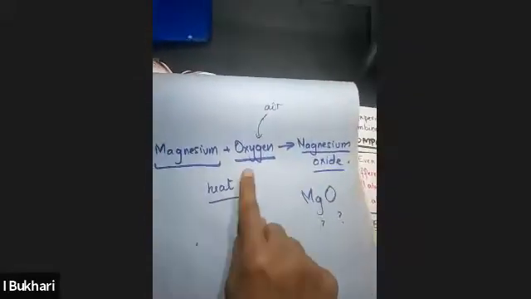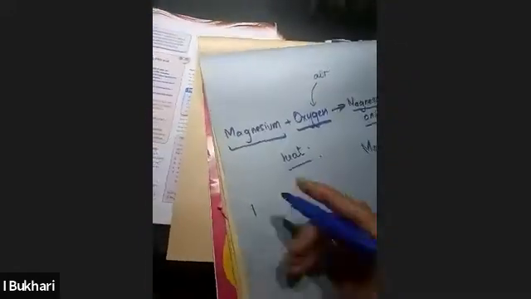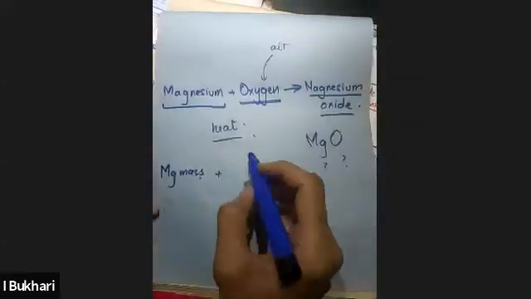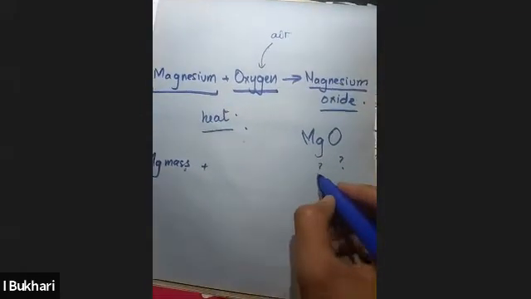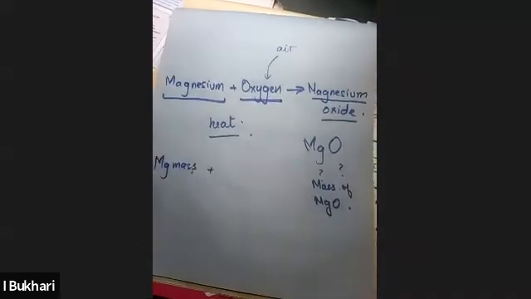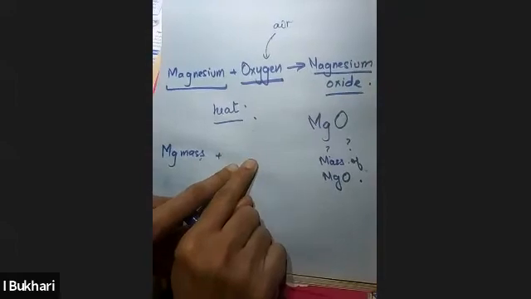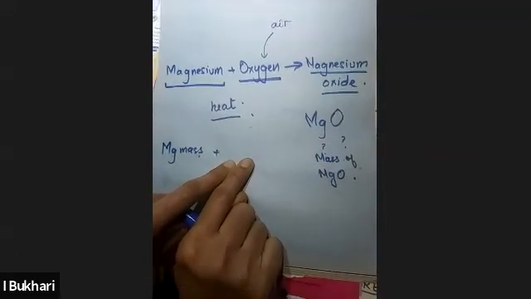Okay, so let's get started with the magnesium. And we also should know the masses of each one of them, like what mass of magnesium, for example. We cannot measure the mass of oxygen, but we can measure the mass of the product, magnesium oxide, right? And the difference between the two can give us the mass of oxygen, right? Because remember, there's a law of conservation of mass.